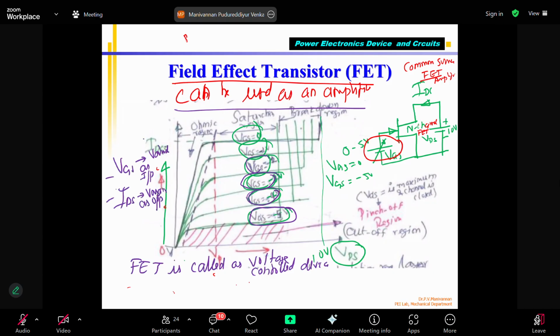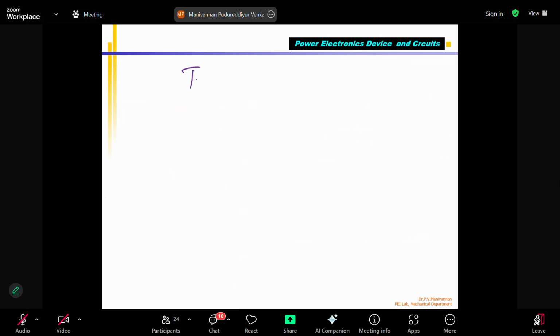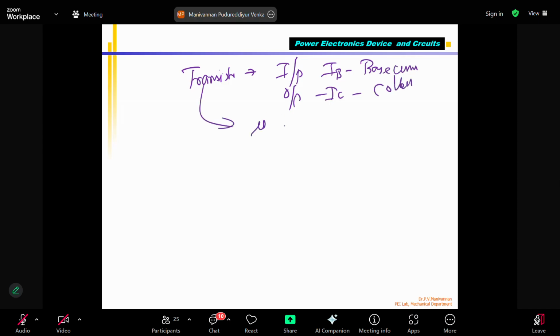Correct? Input voltage is controlling output current. That's why FET is called a voltage control device. But in the case of a transistor, input is IB, base current. Output is IC, the collector current. So a transistor is called a current control device.